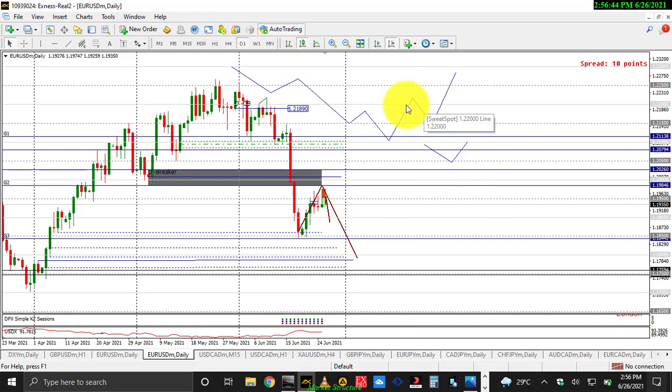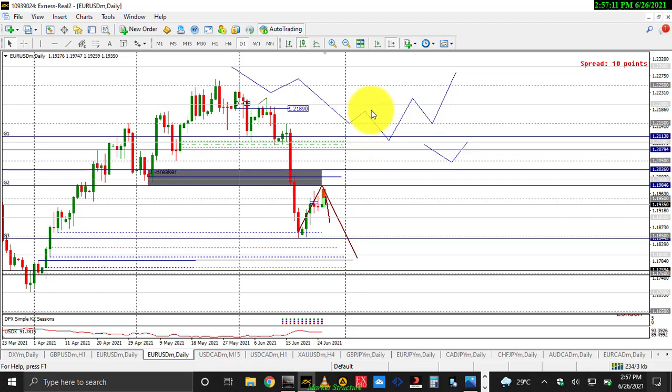Now anytime there is a significant break in market structure, or anytime a swing high or a swing low is broken, what you should also have in mind is that you should expect price to retrace a little bit, then continue its direction of movement. Now back to the market structure that I was talking about.